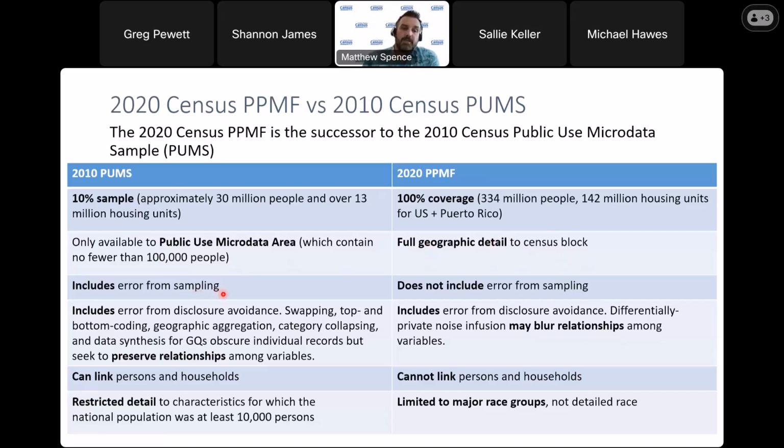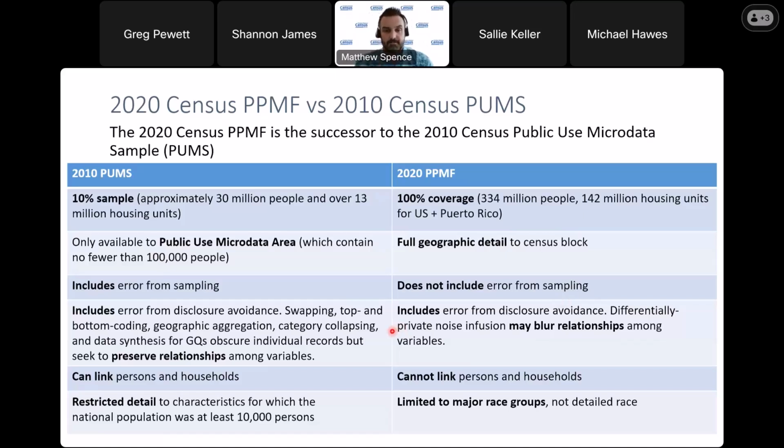Third row, the 2010 PUMS includes error from sampling. That's, again, the S in PUMS is sample. On the right, the 2020 PPMF does not include error from sampling. So that's a very nice bit. It is the full microdata file that was used to create the tabulations.